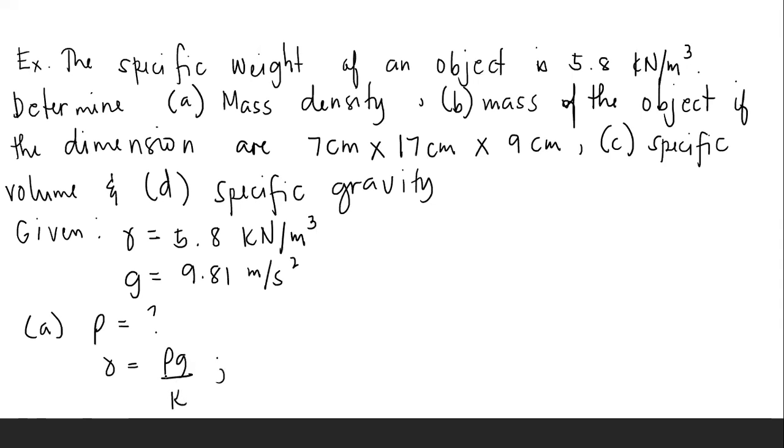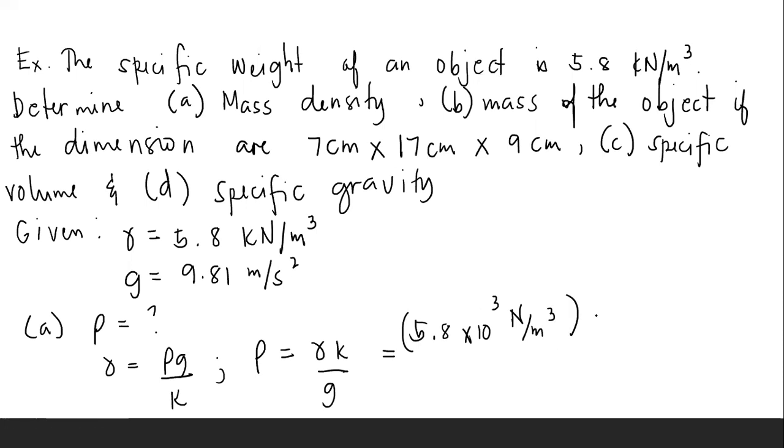Using that equation, the density is equal to specific weight multiplied by k over the gravity, where the density is equal to 5.8 kilonewtons, that is 5.8 times 10 to the third power Newton over cubic meter.